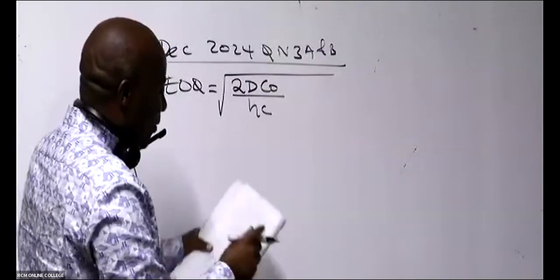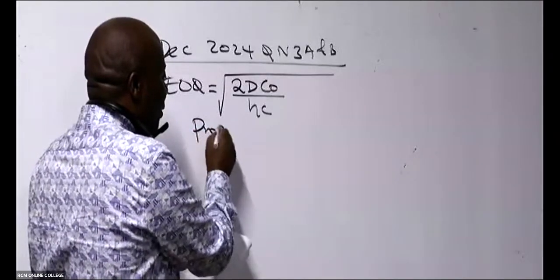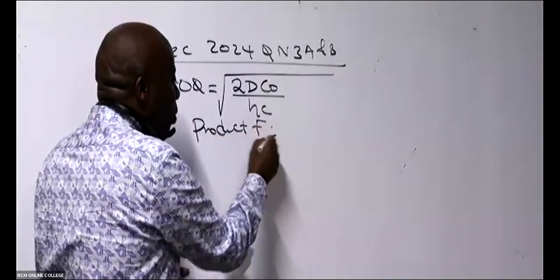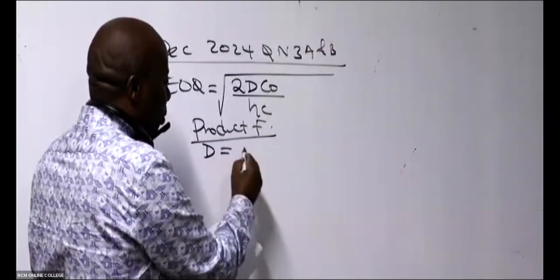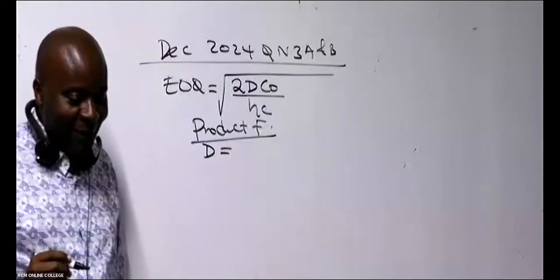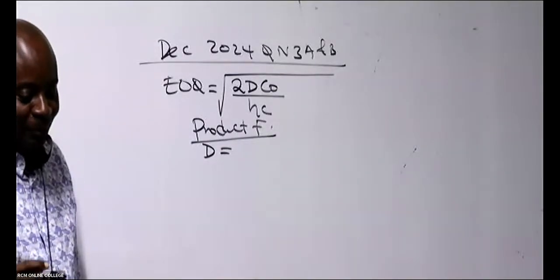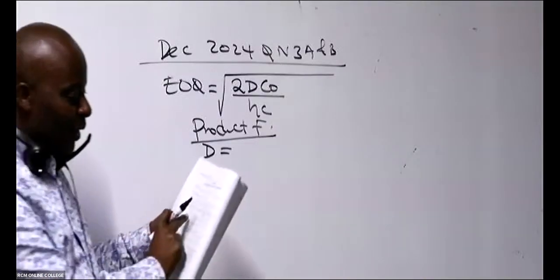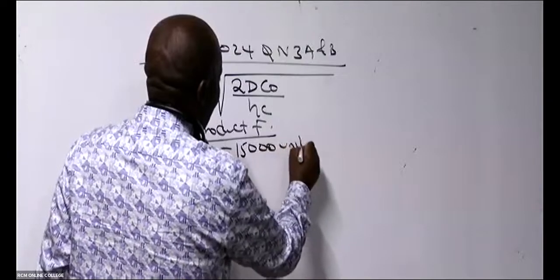Yeah, so ladies and gentlemen, we are talking about product F. So product F, is there somebody who is able to see the annual demand for product F? 15,000, isn't it? 15,000 units.